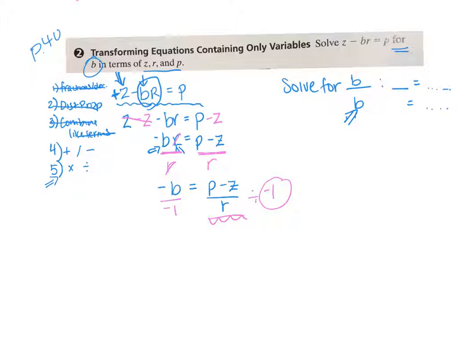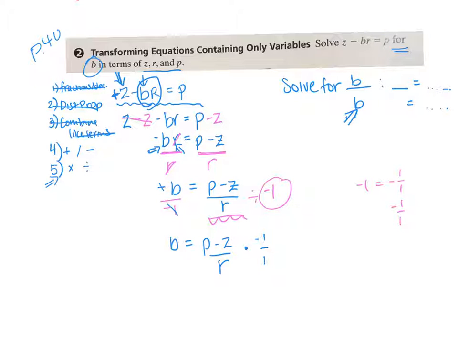And really, negative 1 is the same as negative 1 over 1, so even if I switch it, it's still negative 1 over 1. So we are going to do B, because dividing a negative by a negative ends up crossing out my negative, equals P minus Z over R times negative 1 over 1.